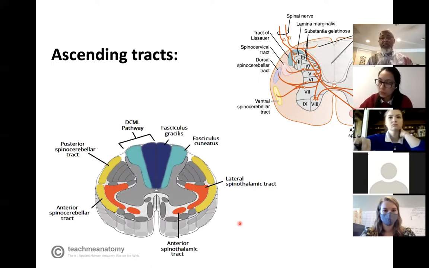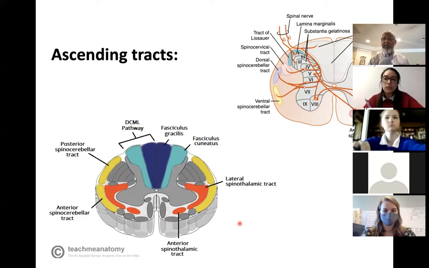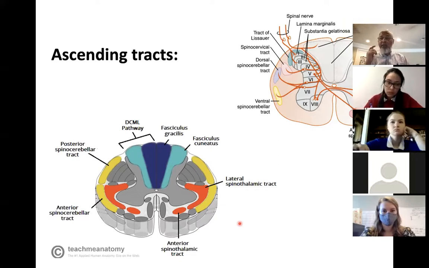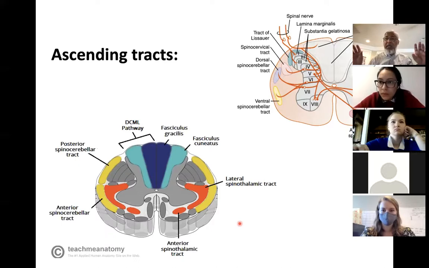We want to send the signal that is generated in the receptor all the way to the brain, where the brain can analyze the information and give us a conscious sensation, right? Which means all signals that are generated in the peripheral parts of the body need to go to the center, to the brain. They will enter the spinal cord, and then the spinal cord will take this information all the way to the brain.